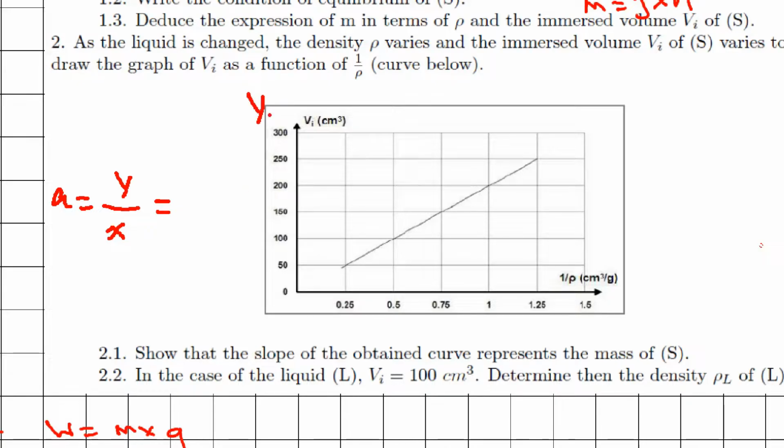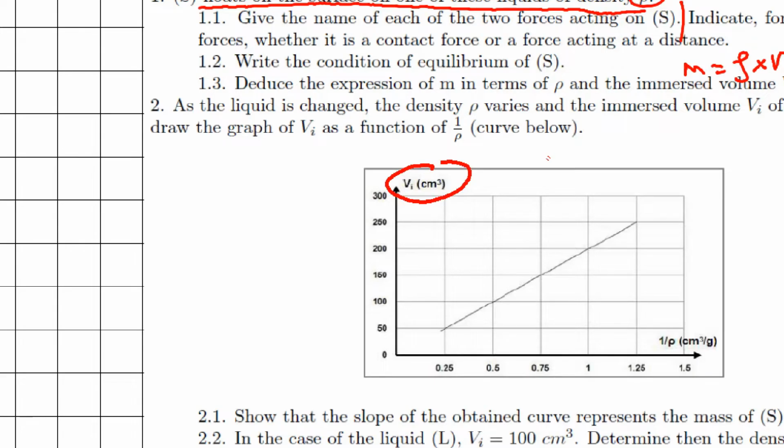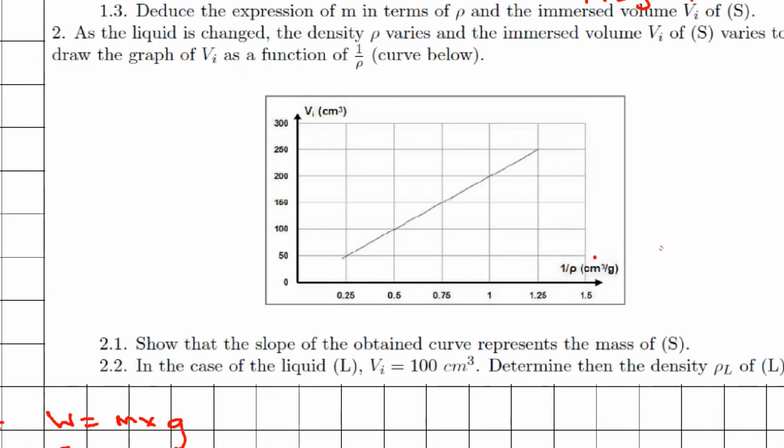Y represents the volume of the immersed part. And what does x represent? It represents 1 over ρ. So in this case, we need to calculate the slope. So let's say that the slope is equal to the volume of the immersed part, which represents y, and 1 over ρ, which represents x.